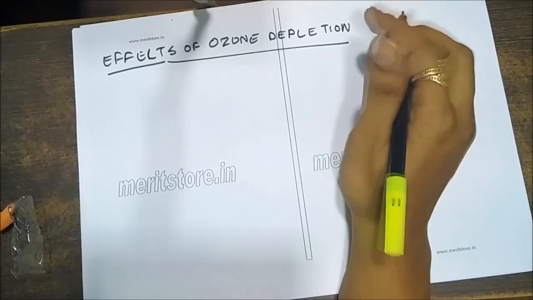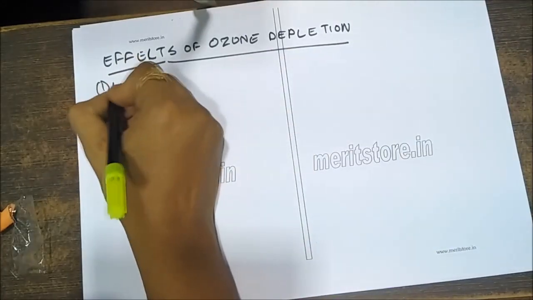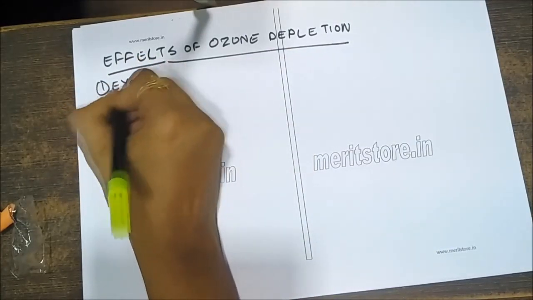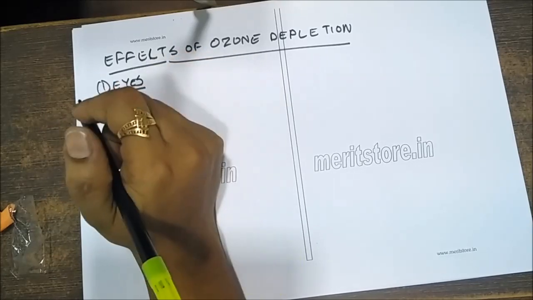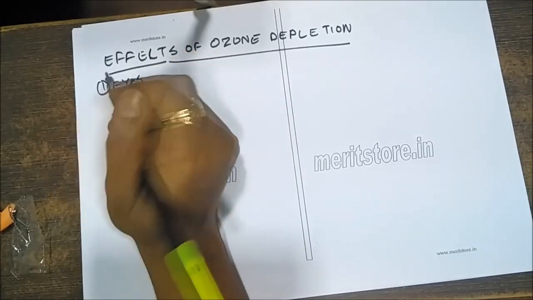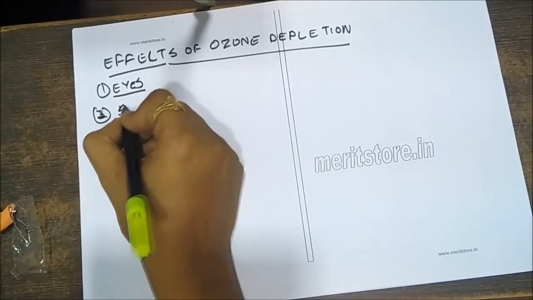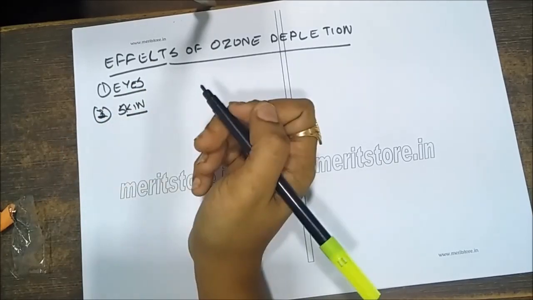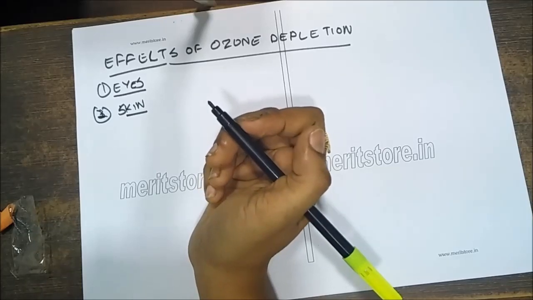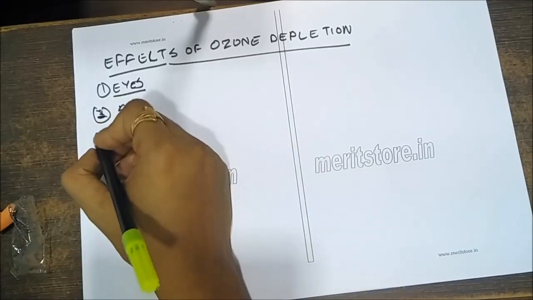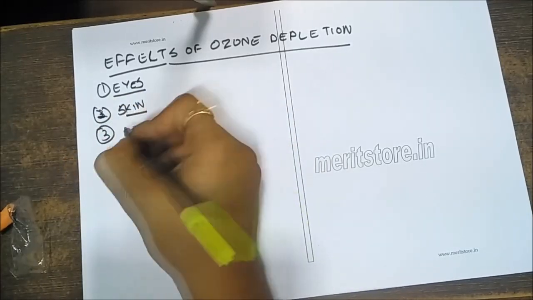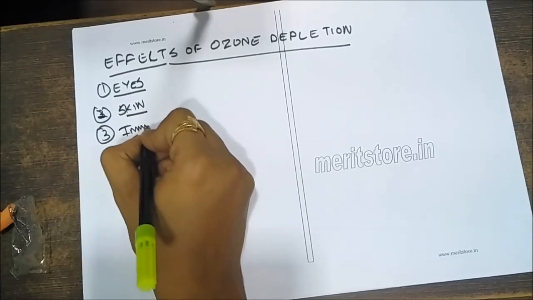Now when the ozone layer is depleted, it will affect our eyes. So vision will be affected. It will result in irritation. It may lead to blindness. Next, skin. Again, irritation. It can also cause aging, wrinkling, and it can cause skin cancer. Then the immune system is drastically affected.